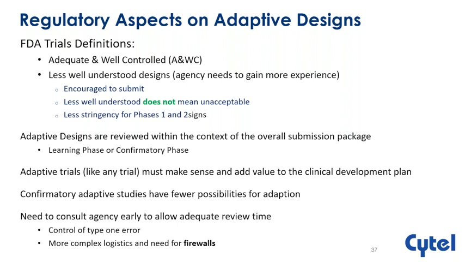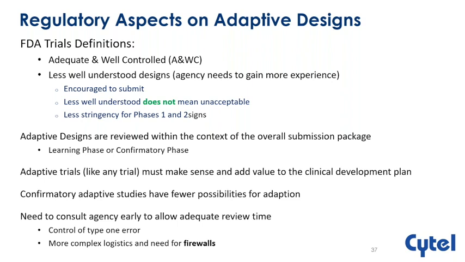If the trial is viewed in the confirmatory phase, then obviously it would be viewed with greater stringency. So the adaptive trials must make sense and add value to the development plan. And as mentioned, there are fewer possibilities for adaptation in confirmatory trials.